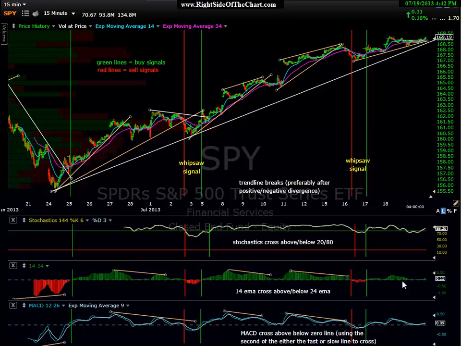And this histogram gives you a quick visual on when we have crossovers and can help you to identify divergences between those two moving averages. So a cross below or above that zero level indicates a crossover on those lines. And then finally we have the MACD. For that, I use a cross above or below the zero line, which is the dotted line here.